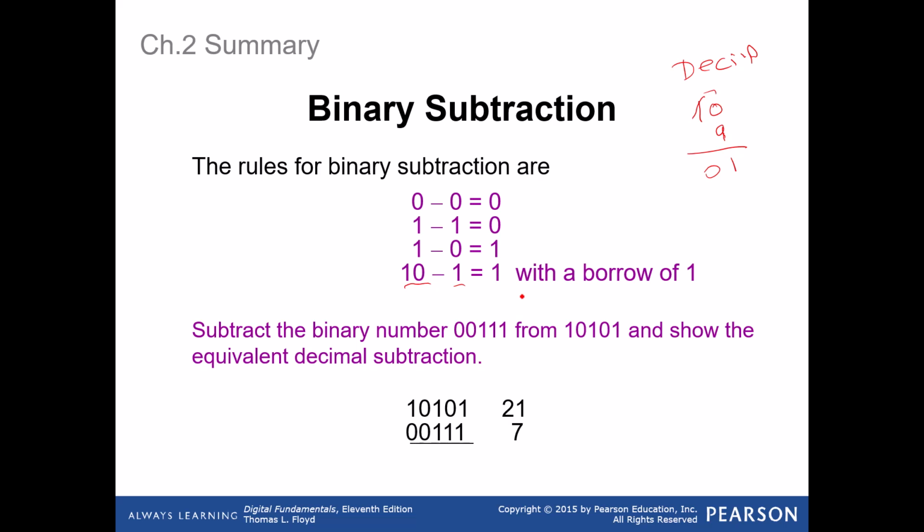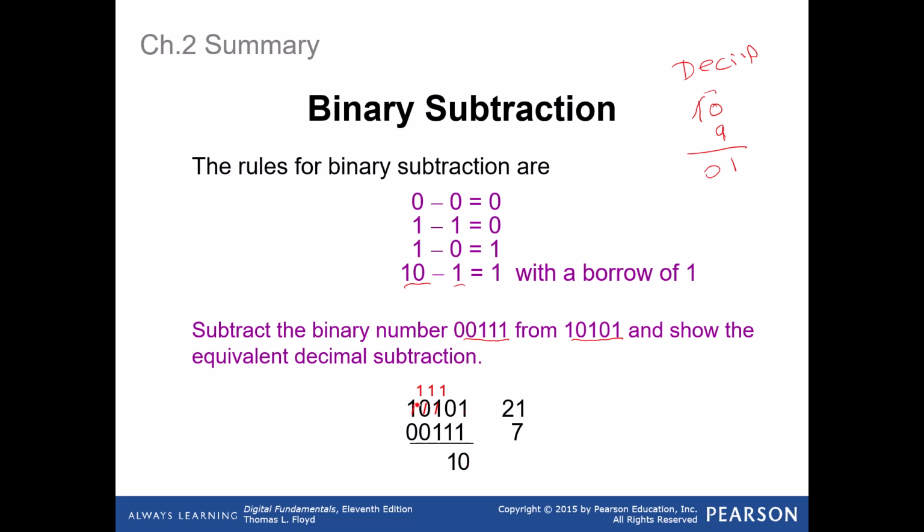So let's say we want to subtract the 2 numbers. You see them here. This is 7. We want to subtract it from 21. So let's do it. 1 minus 1 is 0. Then I come to this one. I can't, so I need to borrow. So this one will be 2 minus, but I borrow the 1, you see it in red, and the result will be 1. And this one becomes 0.